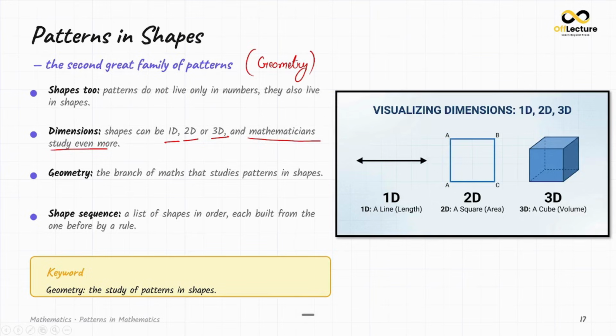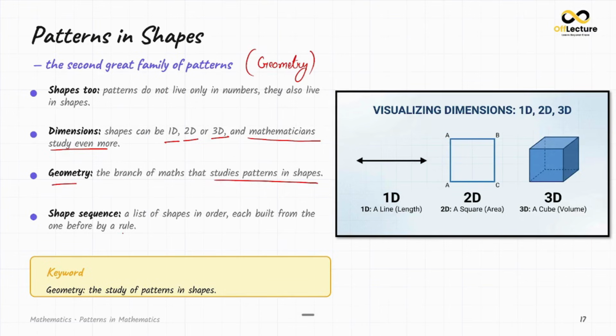Our scope is usually limited to 3 dimensions because we can visualize up to 3 dimensions on a sheet of paper. Imagining or drawing 4 dimension figures on a sheet of paper is quite difficult. So we will keep our scope to 3 dimensions. And this is known as geometry, the branch of maths that studies patterns in shape.